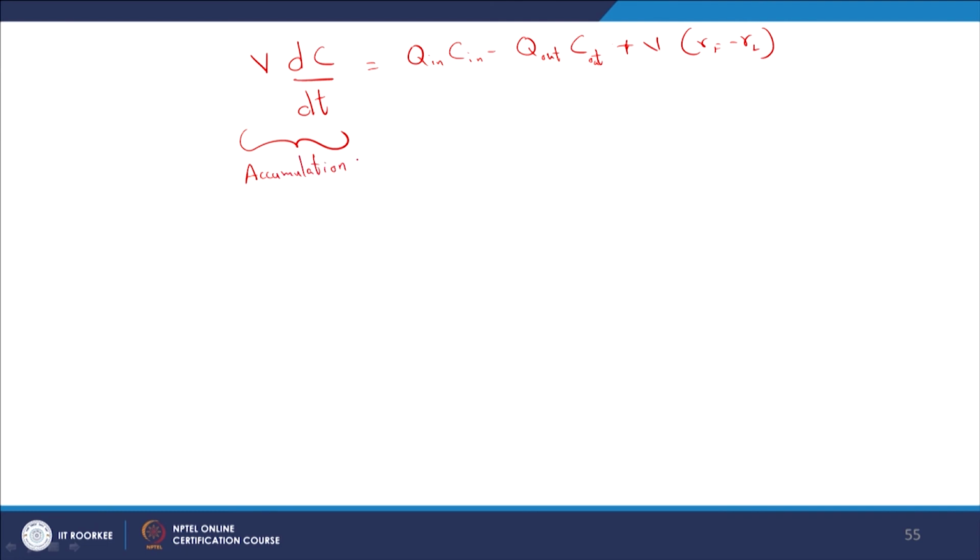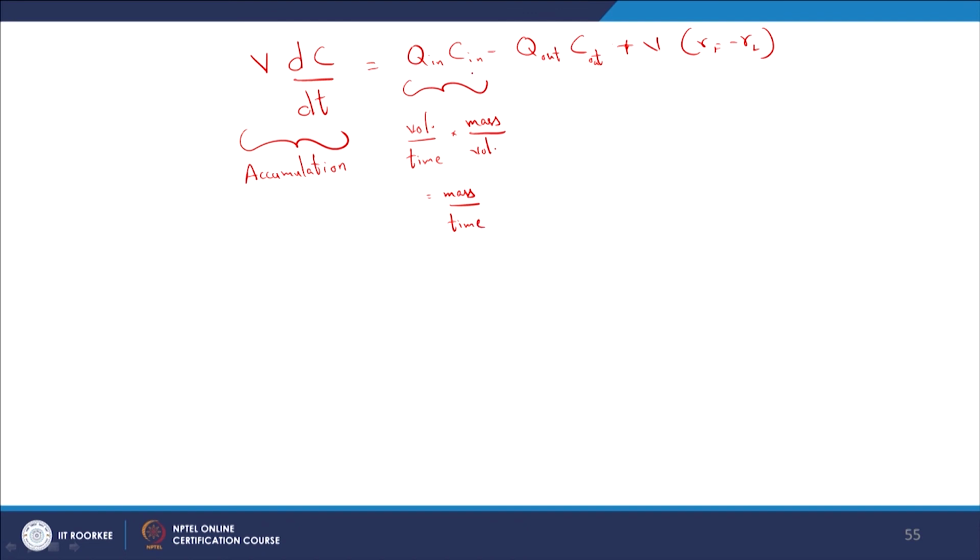right, and this particular equation, what is this? Q is, let us say, volume per time in units, and what is concentration? It is mass of your compound per volume of your solvent here. So, that more or less means it is equal to mass per time.